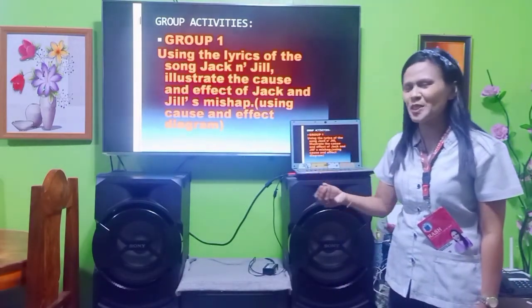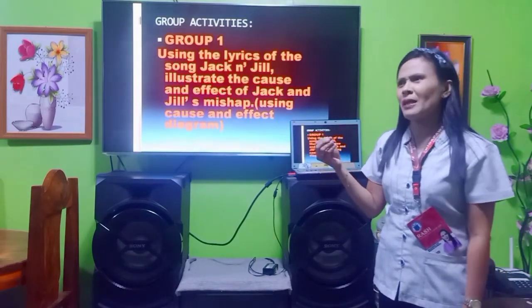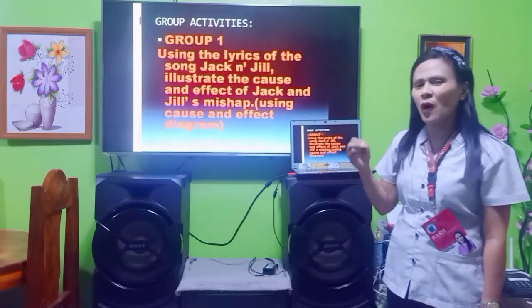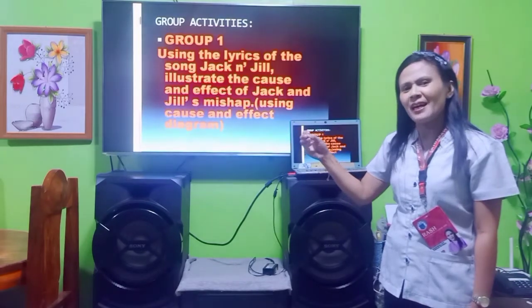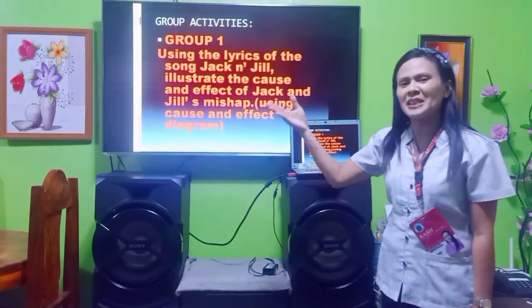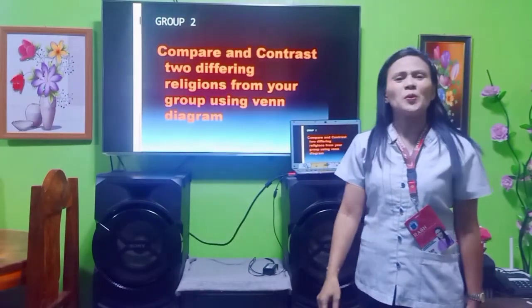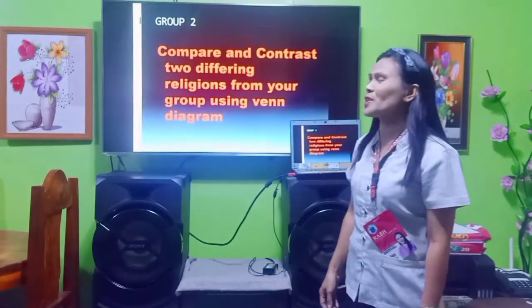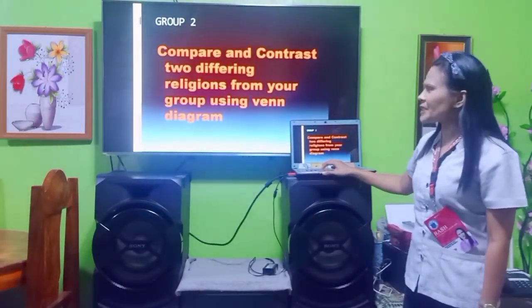So again, the instruction is the group 1 will understand the lyrics of the Jack and Jill song, in which they are going to make a cause and effect chart illustrating the Jack and Jill's mishap.